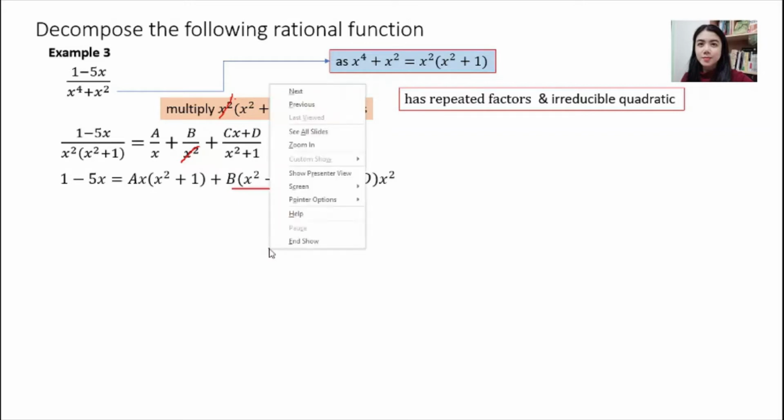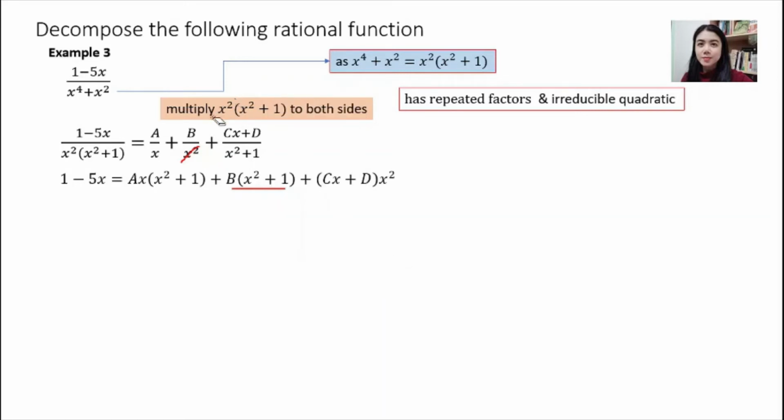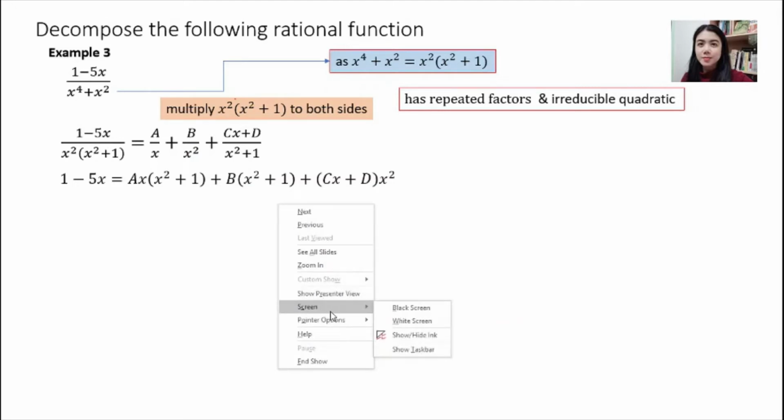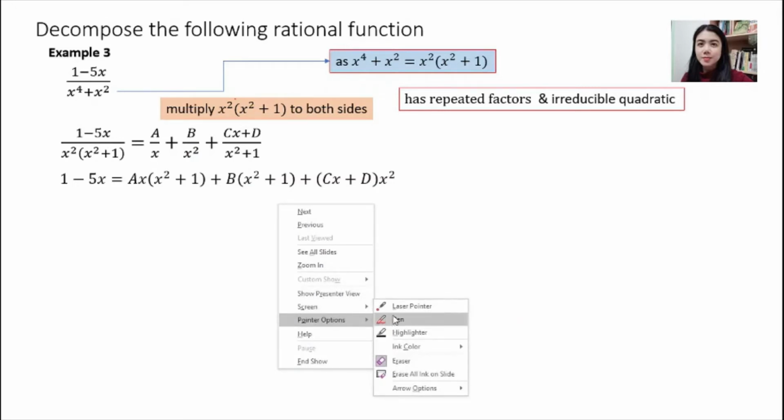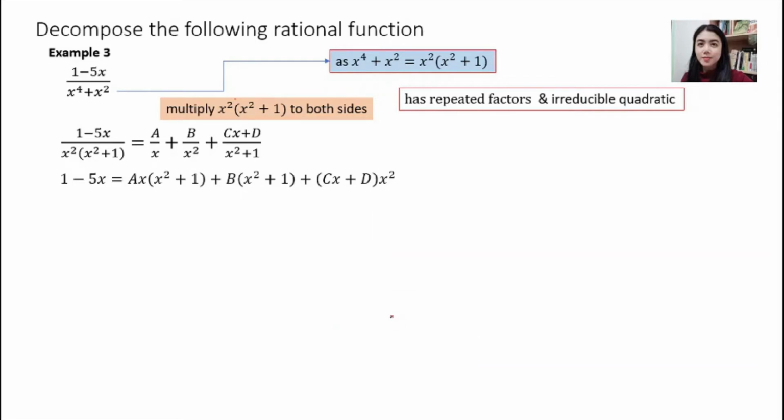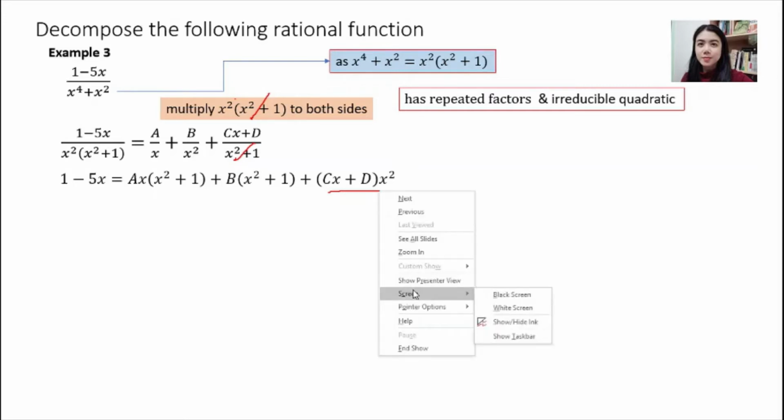And lastly, we have this cancel with this. The thing that remains is cx plus d with x squared. So we have this as a result, a new line of equations. After we have the new equations, we're going to solve it.